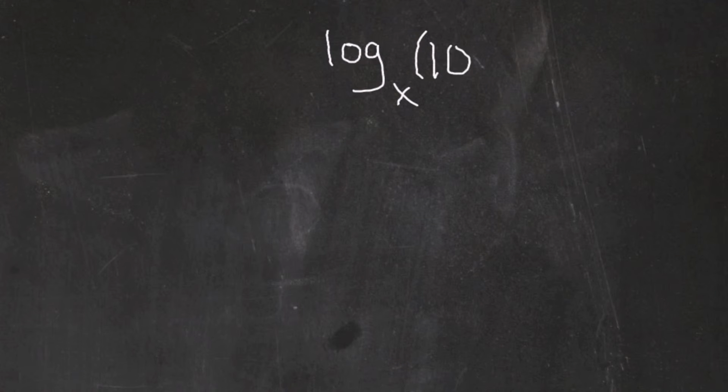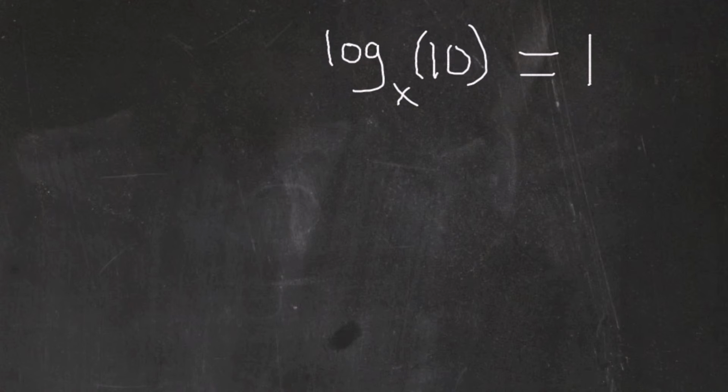Alright, another scenario that you might see is log with a base of x. So let's say we had a problem and it was log with a base of x, and inside of that log was 10, and let's say this equaled 1, and you were asked to solve for x in this equation here.